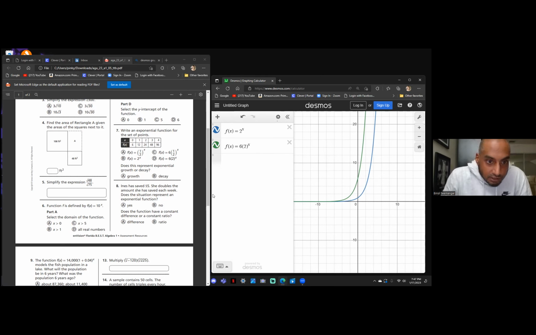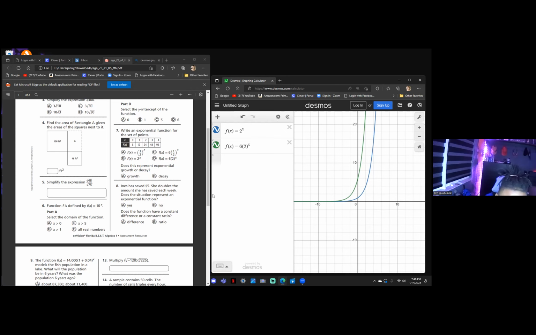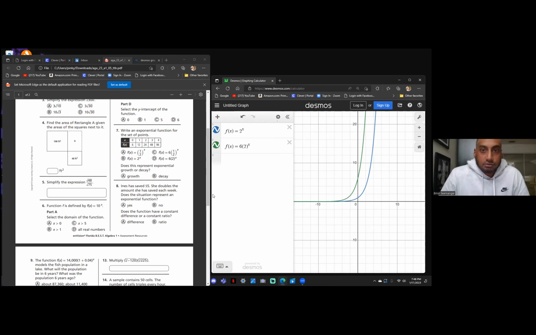Ines has saved $5. She doubles the amount she has saved each week. Does the situation represent an exponential function? Okay, so week 0, how much does she have?